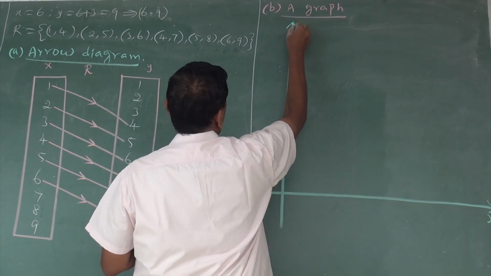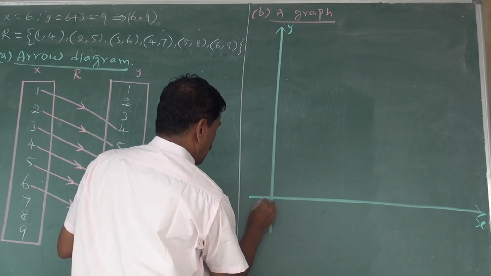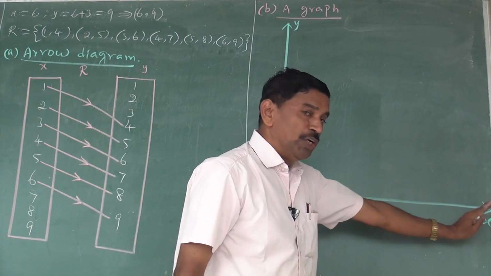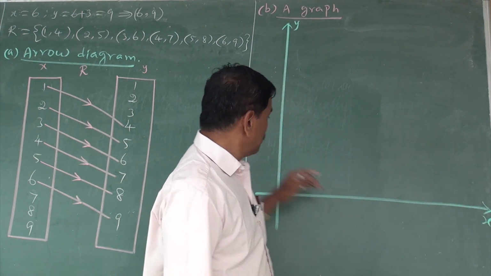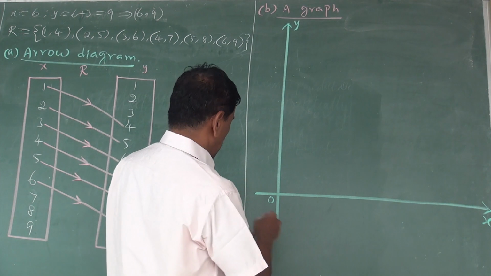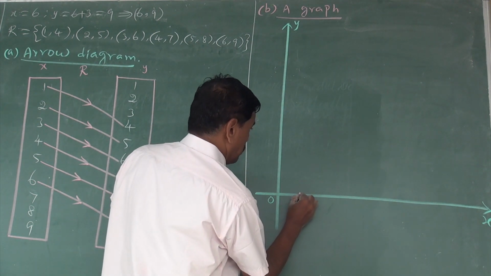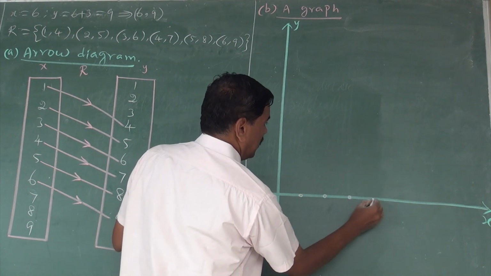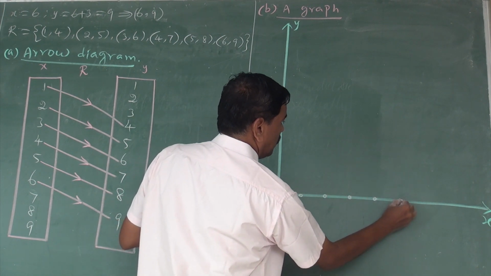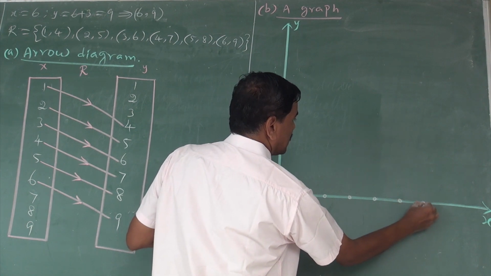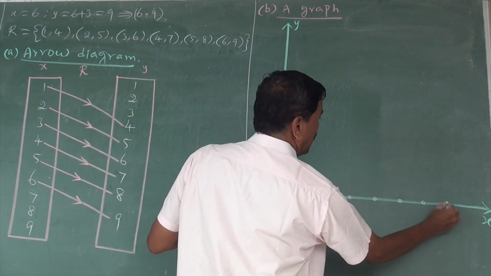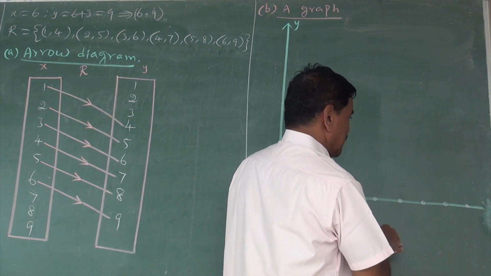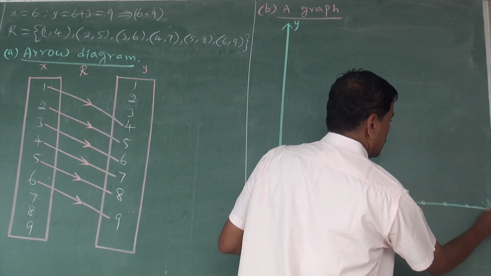Listen carefully. The first quadrant graph is enough. X-axis, y-axis, 0. Now, x values 1 to 9, because natural numbers less than 10. Y values 1 to 9. Now start. Listen. 1, 2, 3, 4, 5, 6, 7, 8. Let us extend, because there is no place, so I want to extend.